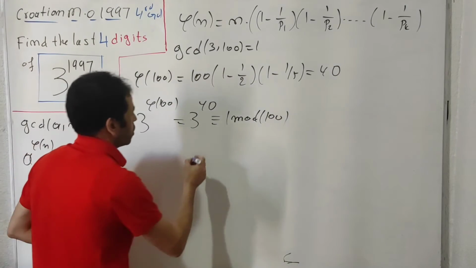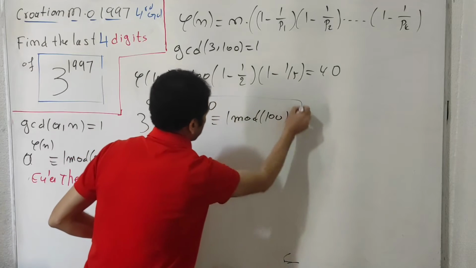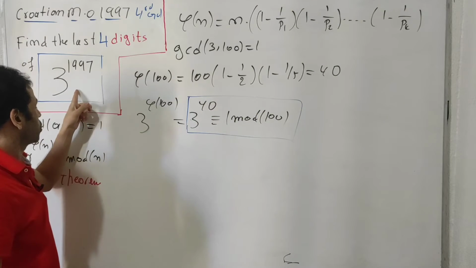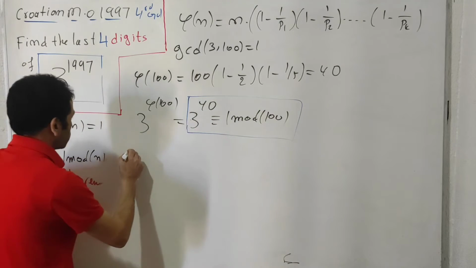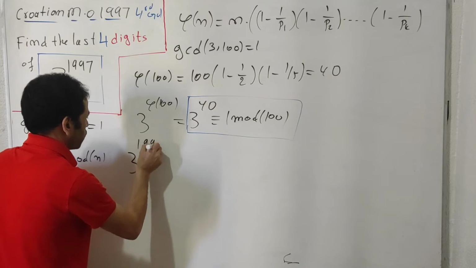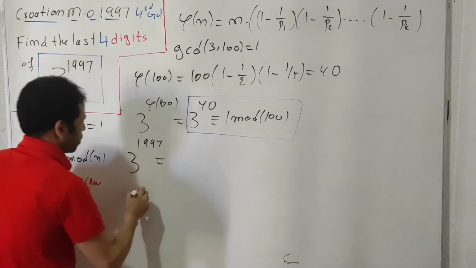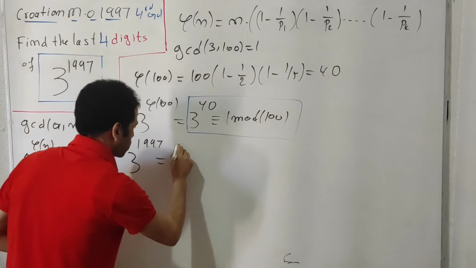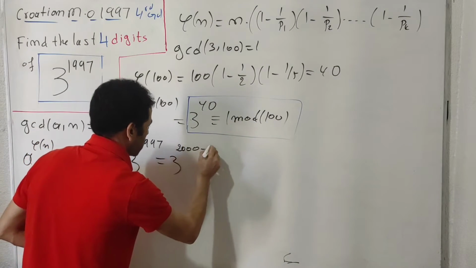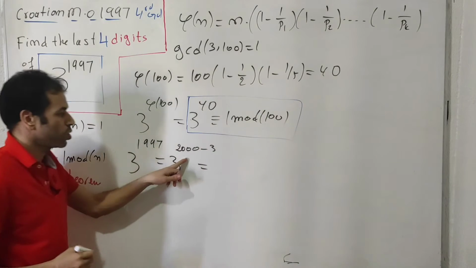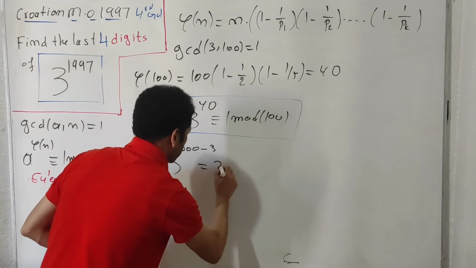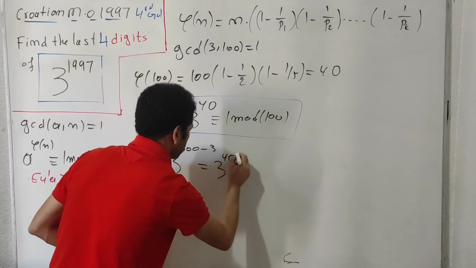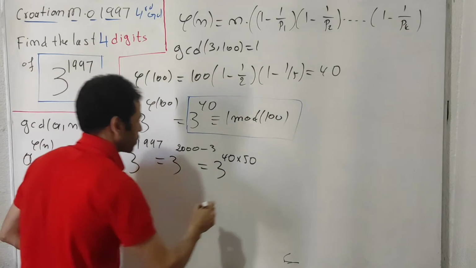Now let's work on our example. We have 3 to the 1997. I can write 1997 as 2000 minus 3. And 2000 can be written as 40 multiplied by 50.